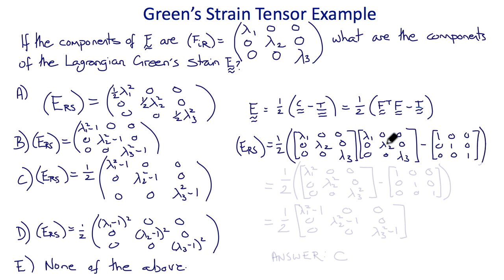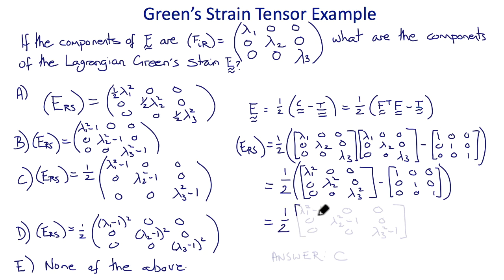So this is a simple matrix multiplication. We get 1/2 of lambda 1 squared, 0, 0, 0, lambda 2 squared, 0, 0, 0, lambda 3 squared, minus I, which reduces to 1/2 of lambda 1 squared minus 1, 0, 0, 0, lambda 2 squared minus 1, 0, 0, 0, lambda 3 squared minus 1, which was choice C.